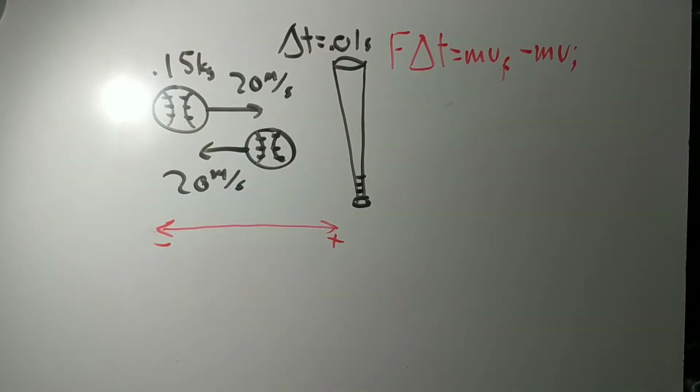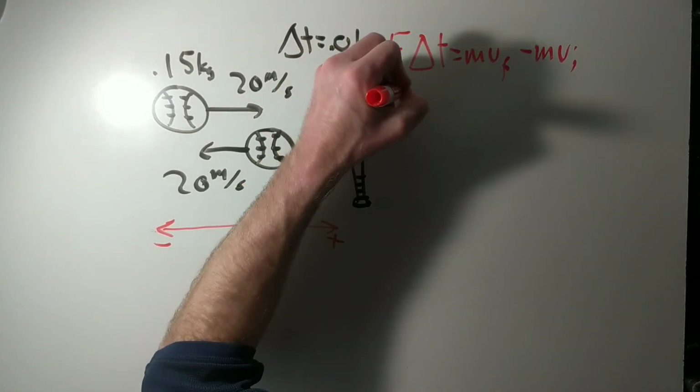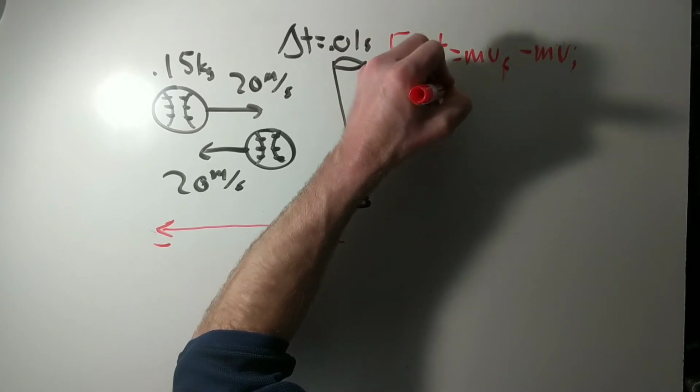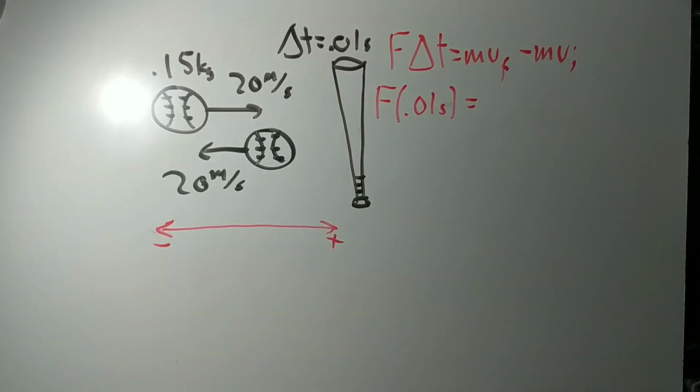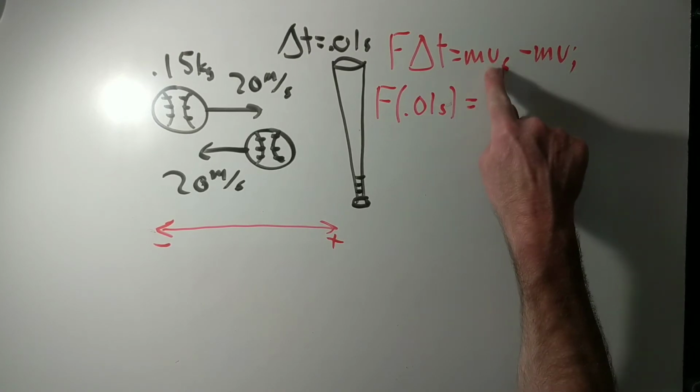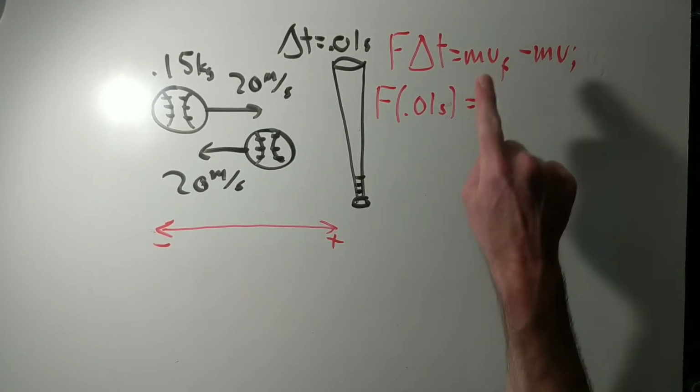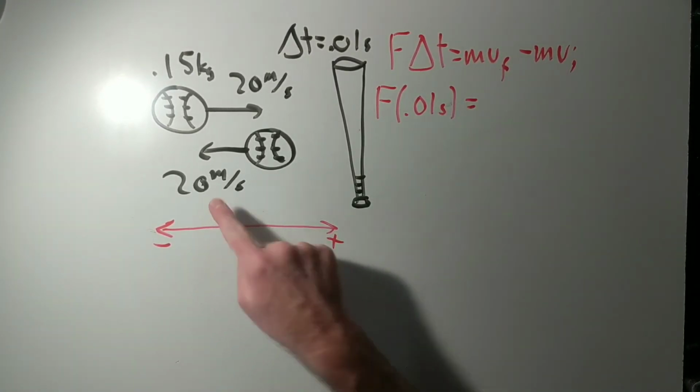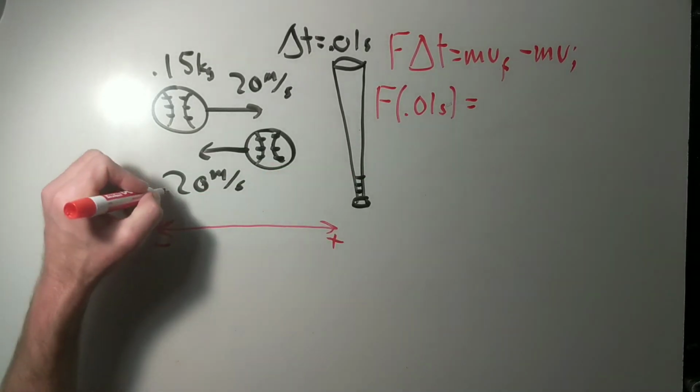We are looking for the force. How hard did the bat hit the ball? So the force times 0.01, that's how long they were in contact. Now, let's look at this. This is m, the mass of the ball, times v final. Well, this is the final velocity. And since it's going this way, it has to be negative.